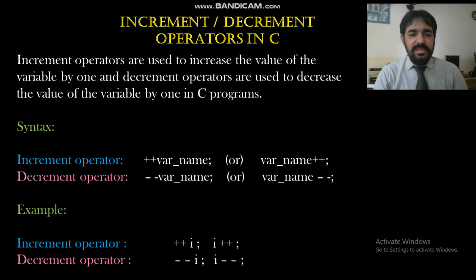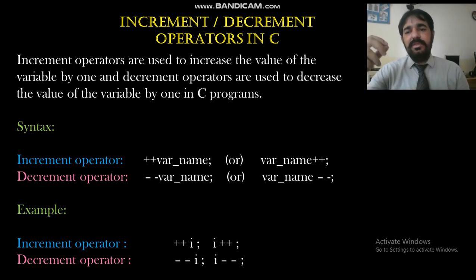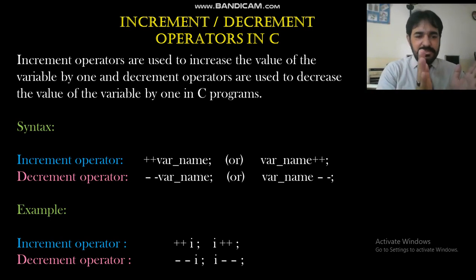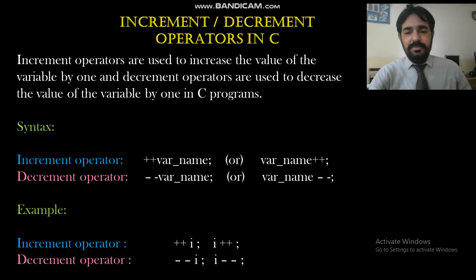For increment operators we use a plus sign and for decrement we use a minus sign. So ++variable_name or variable_name++, both methodologies are true in C language. Similarly, in the decrement operator, --variable_name or variable_name--.